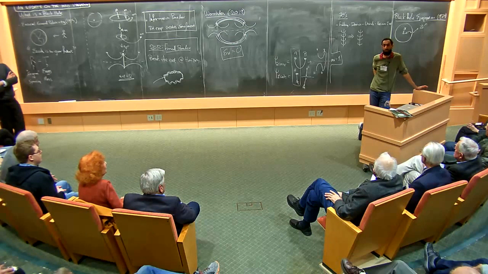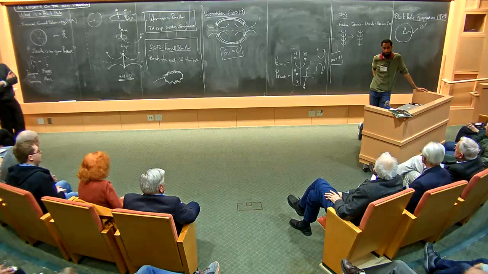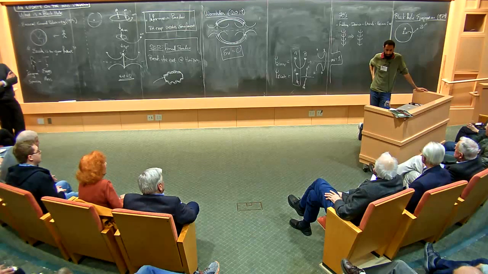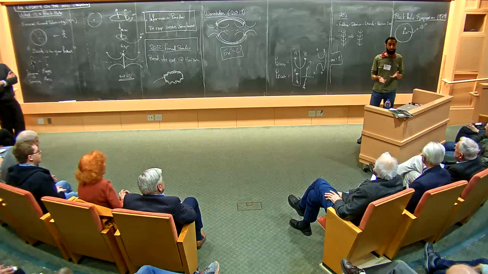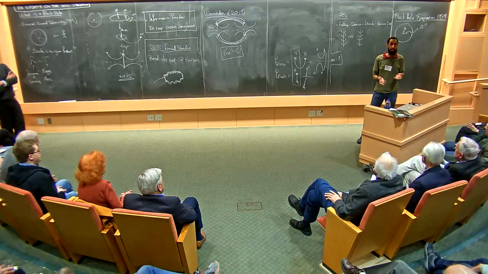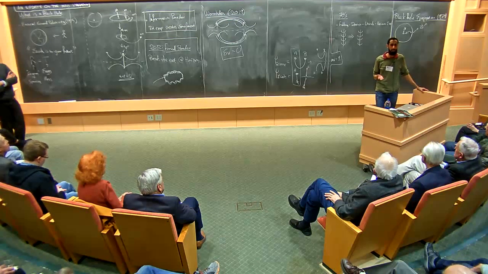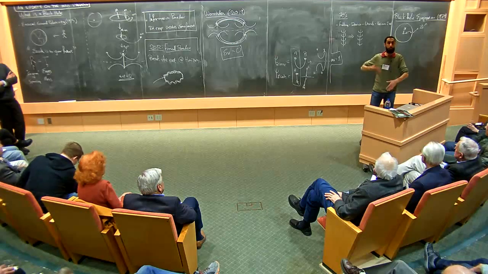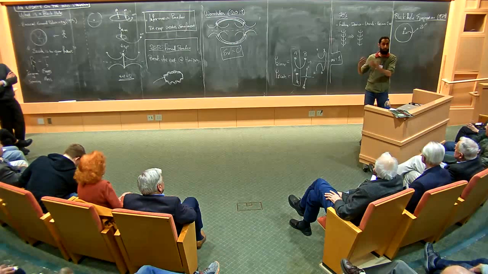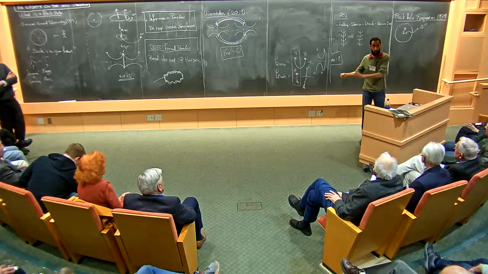However, there's this emerging field which is using what is called holography. So there's this idea that regular quantum systems, things that we might have in the lab, might possibly have a dual description in terms of gravity and black holes and so on and so forth.